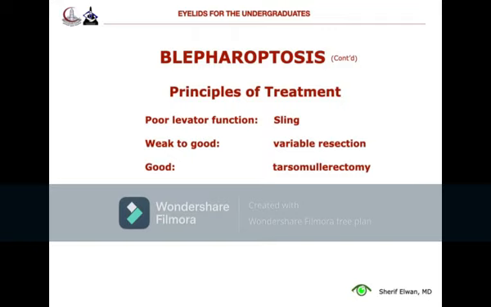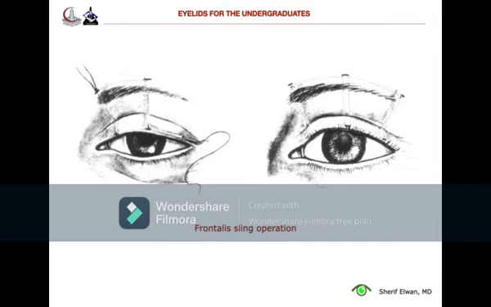If the levator function is poor, we do a sling. If it is good, we do variable resection of the muscle. As you know from your squint study, the resection of the muscle strengthens it. And finally, if the action is good with minimal 1 millimeter ptosis, we do tarsomullerectomy.